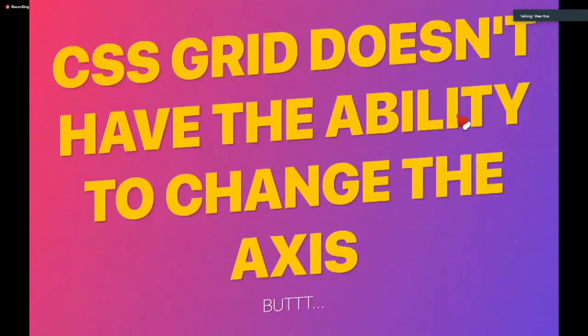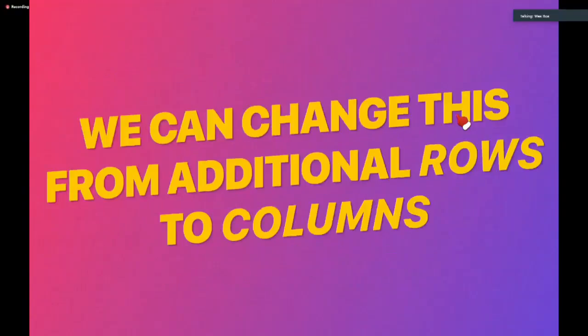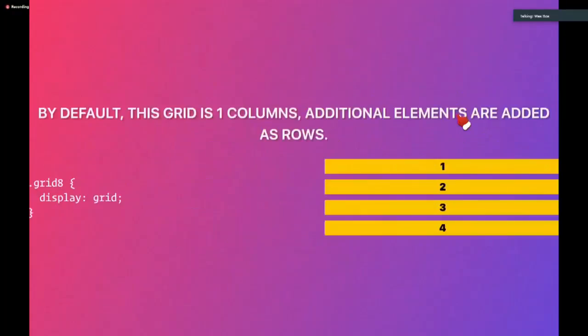With Grid, we don't have the ability to change the axes, but we do have the ability to change how additional spots are added. So I just got finished telling you that once the explicit spots are done, the new additional rows are created, right?